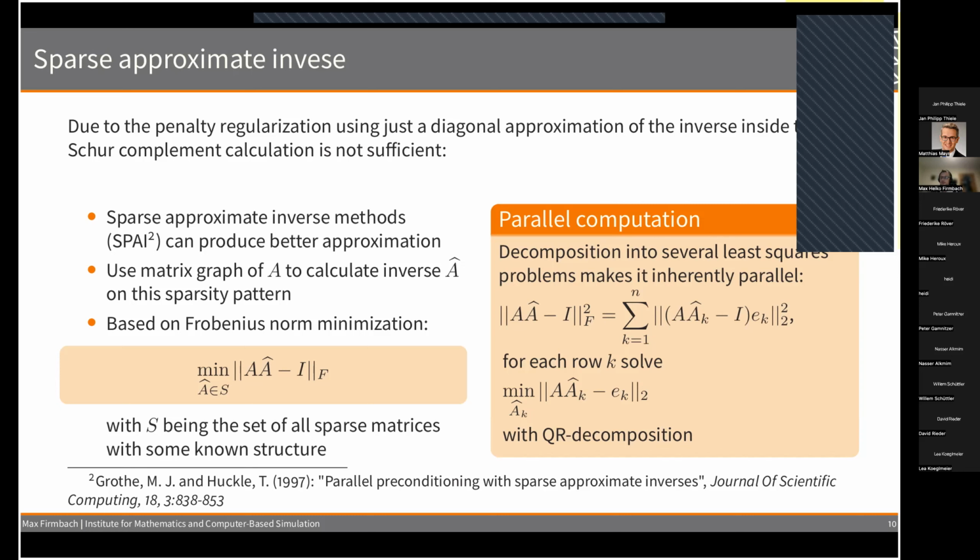So we have one communication step in the beginning, which depending on the sparsity pattern can be quite inexpensive. And after that, we are completely parallel and everything is independent of each other. So in an optimal case, you have an n by n matrix, you have n processors. Every processor can focus on one matrix row, and you can easily calculate the approximate inverse.